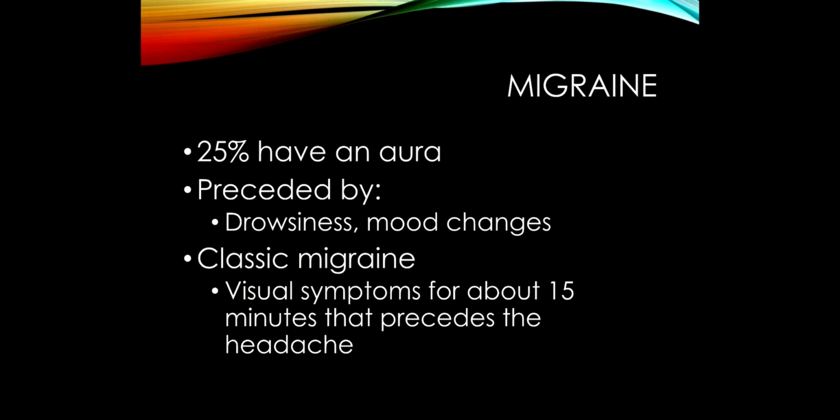Now, about a quarter of patients will have an aura, and this can take a variety of different features, from a mood change or just feeling drowsy, maybe irritable. Patients have learned that this may be warning me that I'm going to have a migraine. We use the term classic migraine to describe patients that have very distinct visual symptoms prior to the development of a headache. Generally this is going to last for 10 to 15 minutes, and then the patient will have their headache.